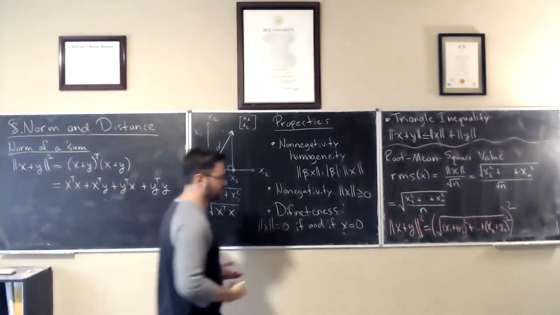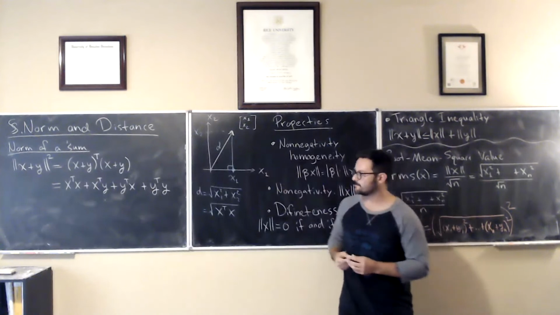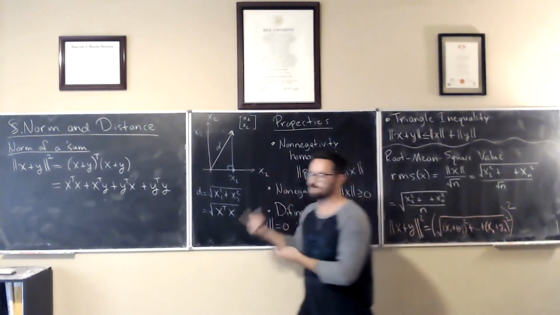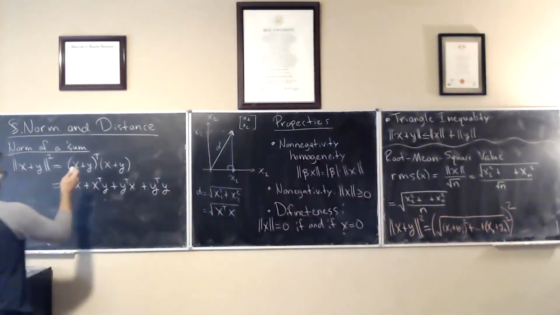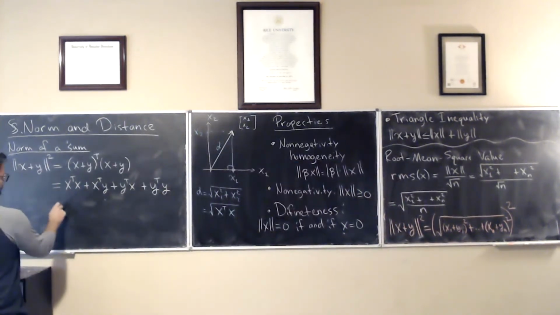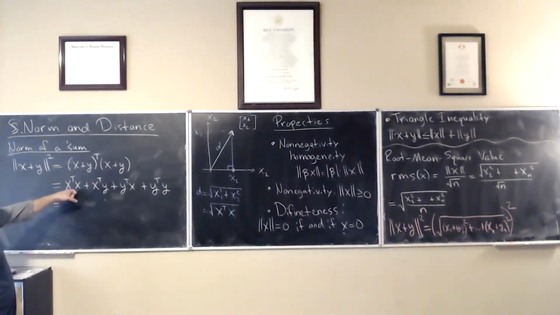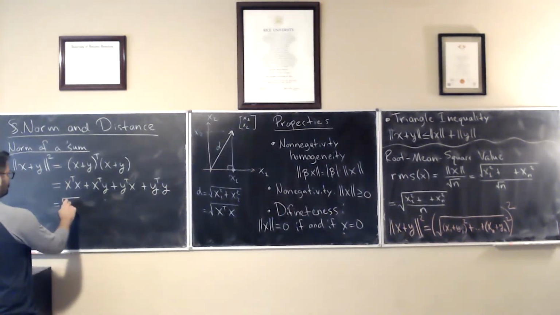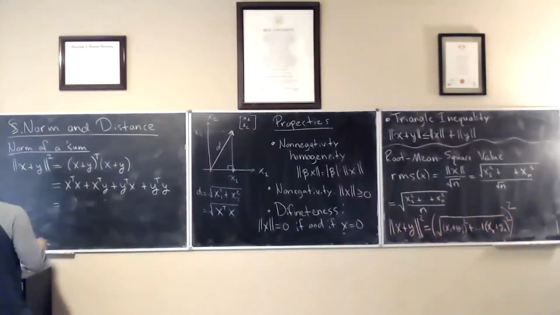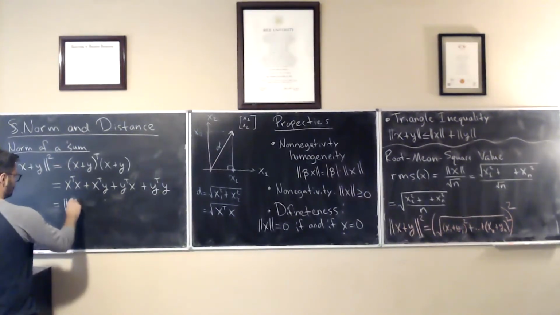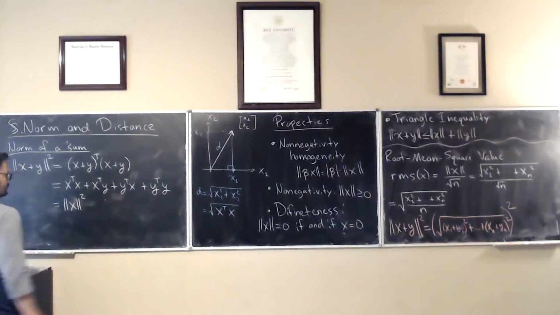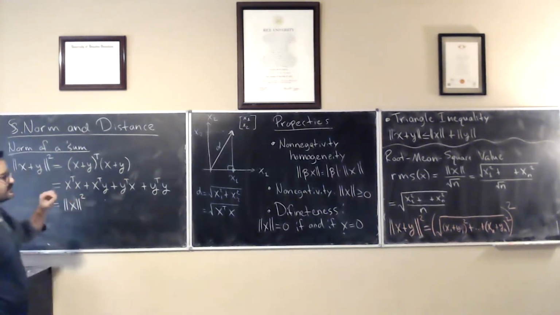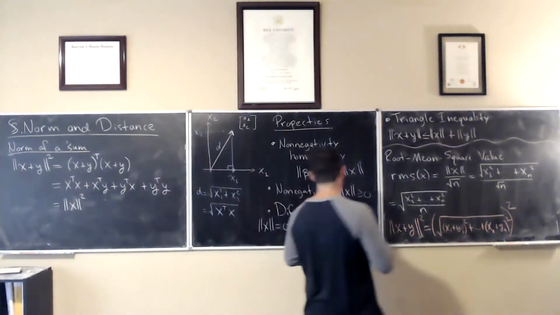I'm showing you this just to re-emphasize the rules of the game, how to distribute across. But now I noticed something here. x transpose x, well, hold on. That is that, right? x transpose x is the sum of the squares.